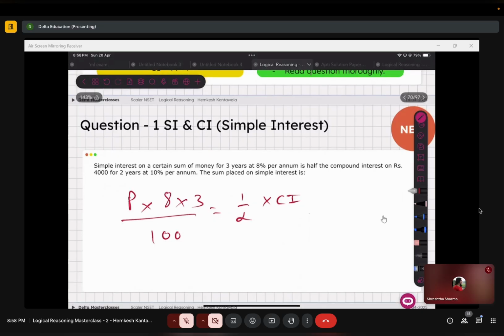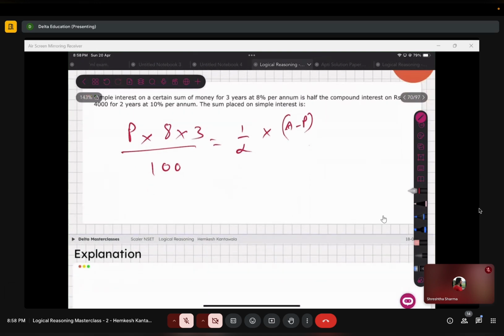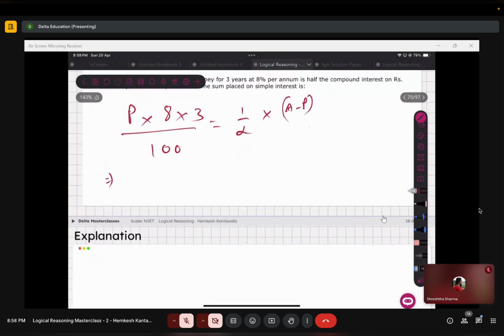Now, if we put the value of compound interest over here, as I said earlier, compound interest is amount minus the principal. So if we solve this, 8 3s are 24P upon 100 is equal to half times the amount.